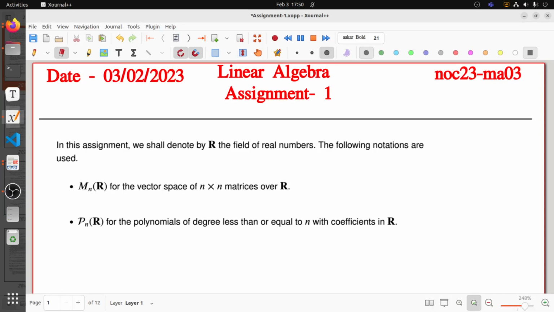So now check the next one. What did it say? There exist three distinct vectors in R2 which do not span R2. So what did it say? Question number 2.